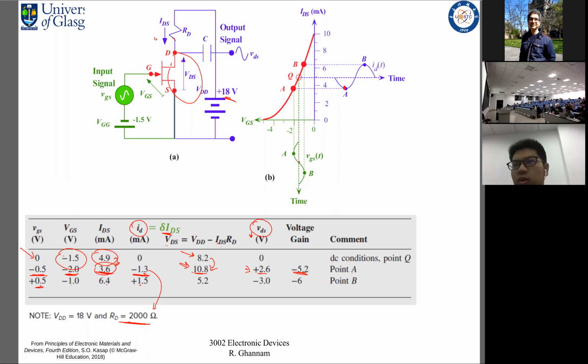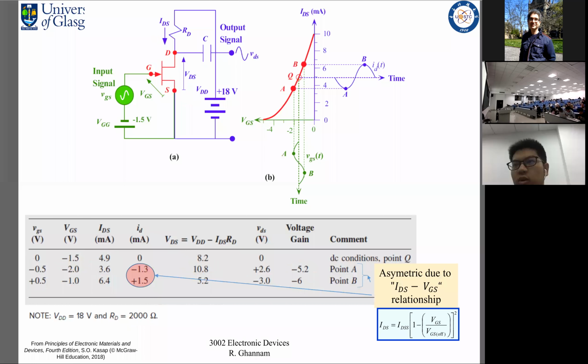As you can see, there is a small difference in the voltage gain. There is an asymmetric relationship between IDS and VGS. This is why we have this small difference in the voltage gain. It's small, but still a noticeable difference.